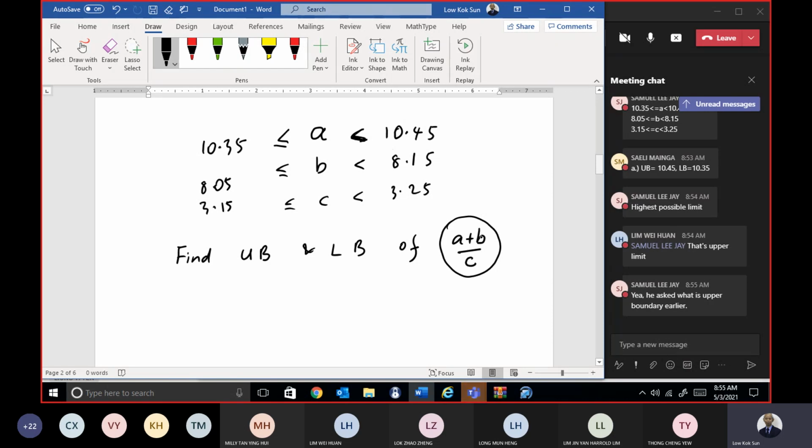We want to see this as one number. So we want to see how to find the upper value and the lower value.